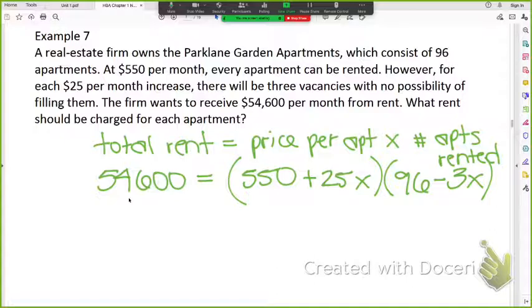So that X on both of them says if I go up 25, I lose 3 one time. If I go up 25 twice, I lose 3 2 times. If I go up 25 3 times, I lose 3 3 times, right? What do you do when you have something set up like this? FOIL. Yay, foiling. Use your calculators if you need to, because this is definitely large numbers.